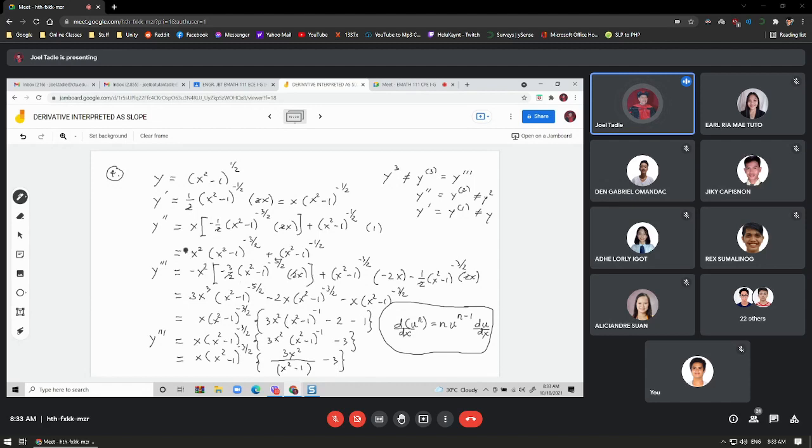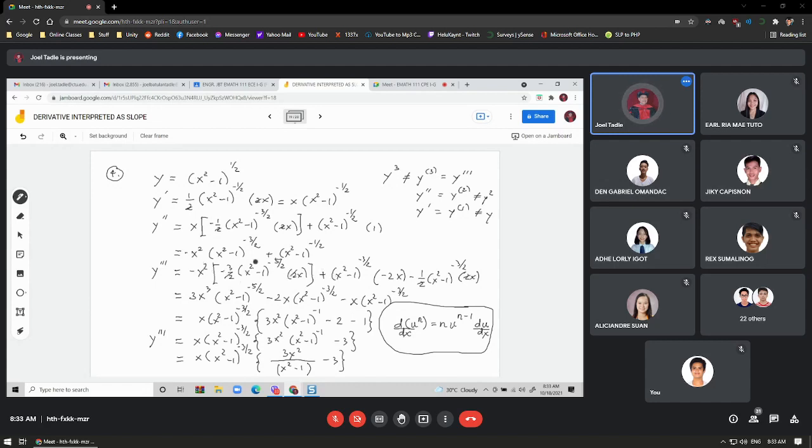Okay, so balik na sa product formula, no? Ang atong u diri, negative x squared. Niya ang atong v is quantity x squared minus 1 raised to the power negative 3 halves. Balik-balik lagi ni guys. Dali ra na to pag hinumdom sa formula.